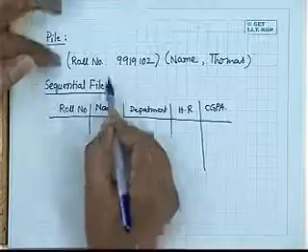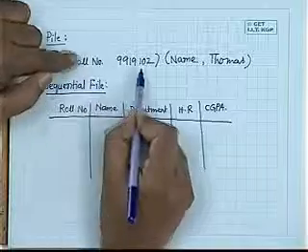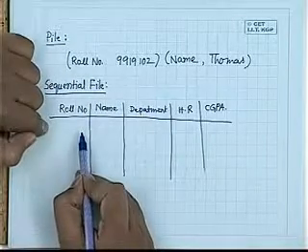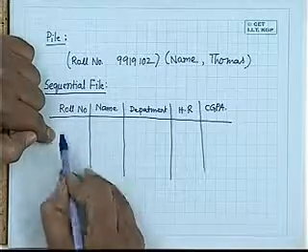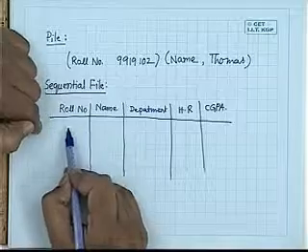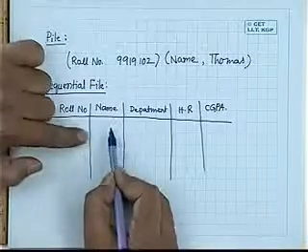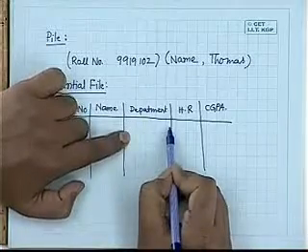So in this case, unlike in case of pile where I have to put the attribute name along with the attribute value, in this case field name is not necessary. Because I know that the first string of characters which comes is the roll number. The second string of characters is the name. Third string of characters is the department.